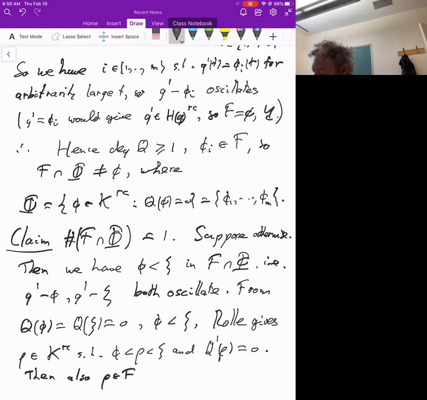And now the graph of the function rho lies between the graph of phi and the graph of xi. So obviously then g prime must also intersect the graph of rho for arbitrarily large t. Yeah. So okay, now let me see.